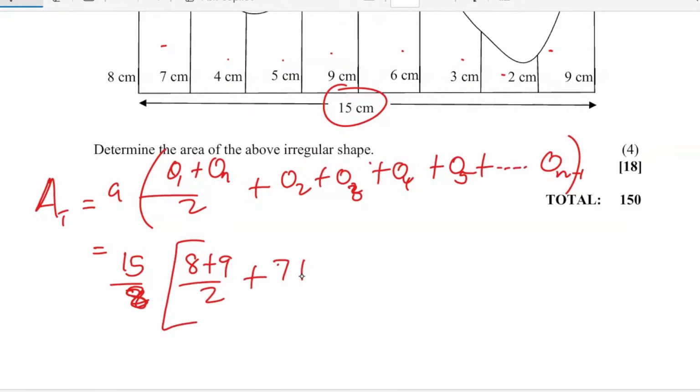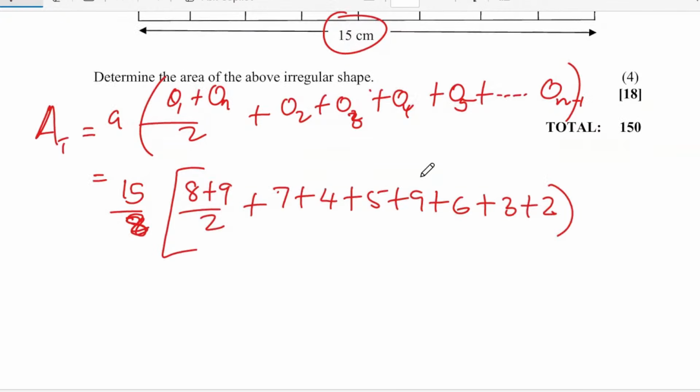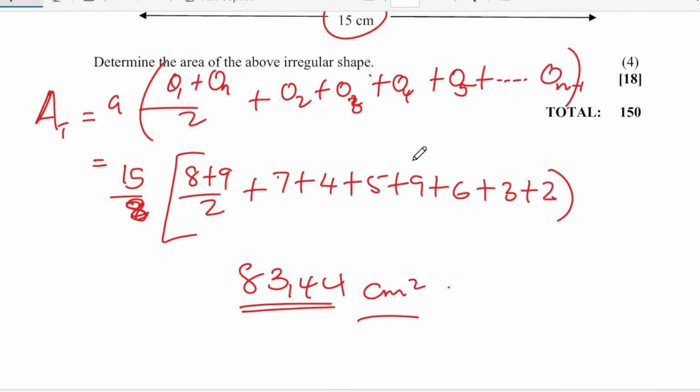Second one is a 7 plus 4 plus 5 plus 9 plus 6 plus 3 plus 2. Okay, we punch this into the calculator. I'm getting 83.44 centimeters squared.